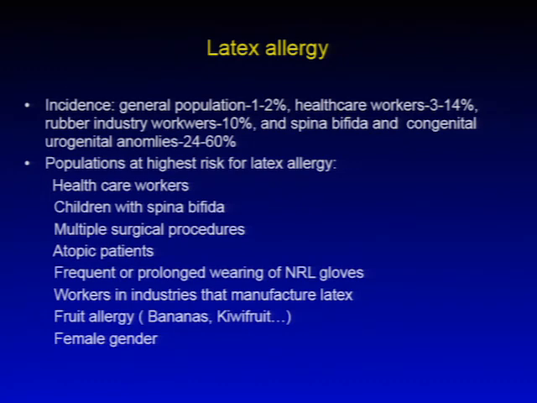In general, populations at high risk for latex allergy include healthcare workers, children with spina bifida, patients with multiple surgical procedures, atopic patients, those with frequent or prolonged glove wearing, industrial workers, fruit allergy, and female gender.